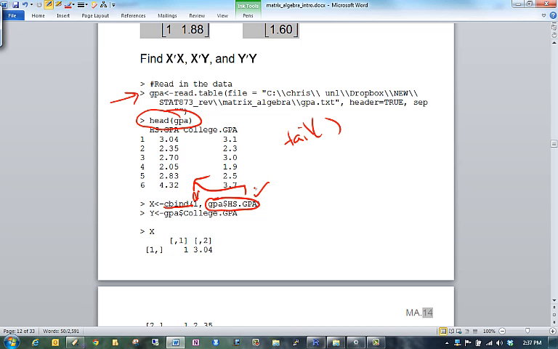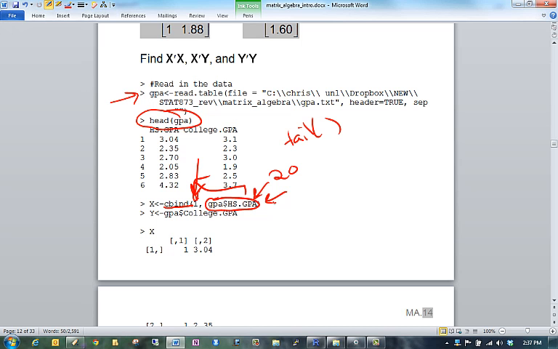Now, of course, this high school GPA has 20 items, and a 1 has simply just one thing. Well, how does R react when it sees something like this? It does what's called recycling, where it will recycle this 1 20 times so that a matrix can actually be formed with this high school GPA.